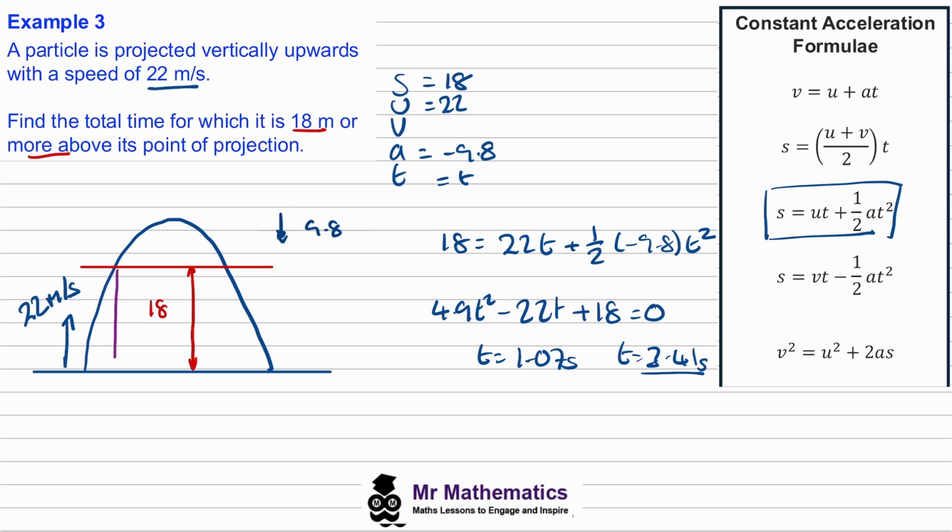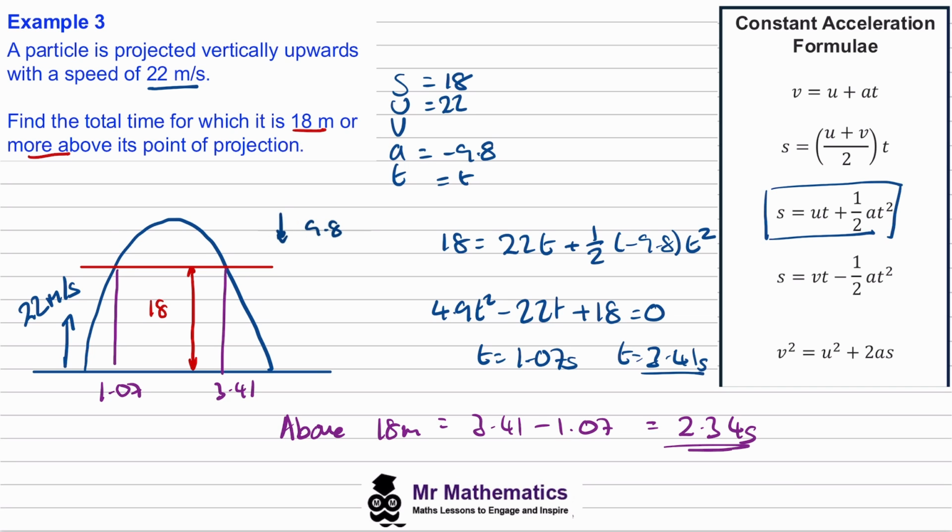We have this time, which is 1.07, and this time, which is 3.41. So it's above 18 meters between the 1.07 seconds and the 3.41 seconds. This is 2.34. Okay? How did you get on with that?